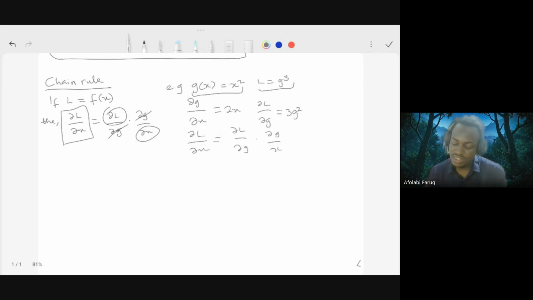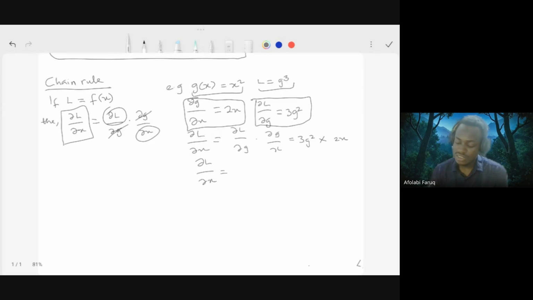What is dL/dG? This is dL/dG, which is 3G squared. So we have 3G squared times dG/dX. The dG/dX, this is it here, which is 2x. So we can now say dL/dX equals 3 times 2, 6, 6xG squared, right? So that is dL/dX.